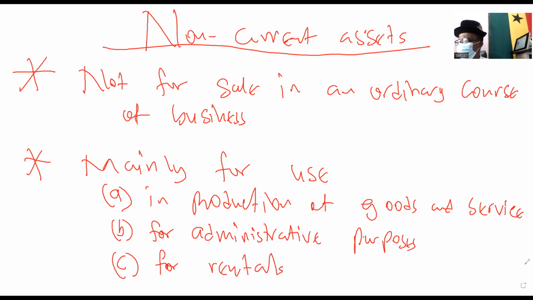The last feature of non-current assets is that they usually last for more than one financial year.